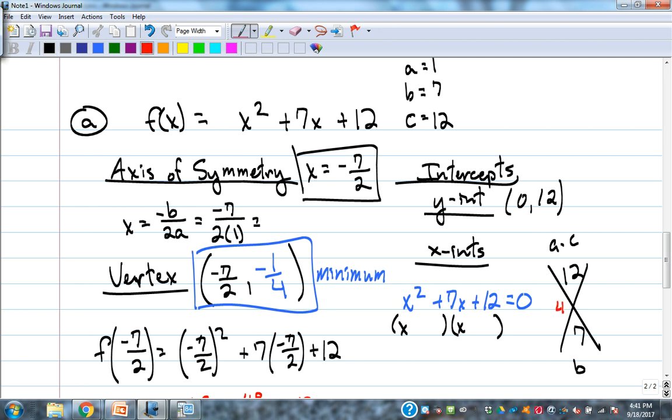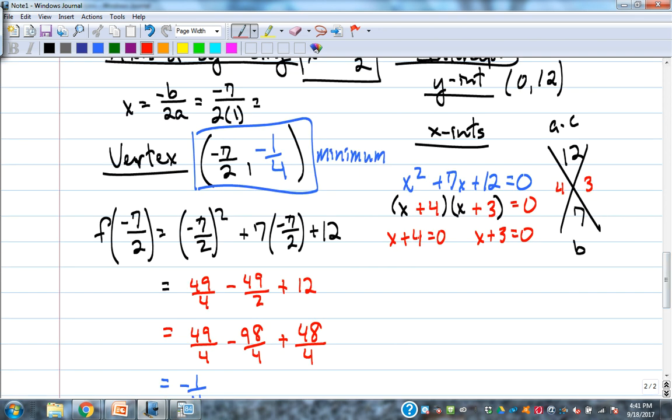And I fill in my X because I can't leave anything undone. 4 and 3. And because there's a 1 in front of the X squared, I can go straight to X plus 4 and X plus 3. If there's anything in front of that, I can't do that. And then I set each of those factors equal to 0 and solve them.